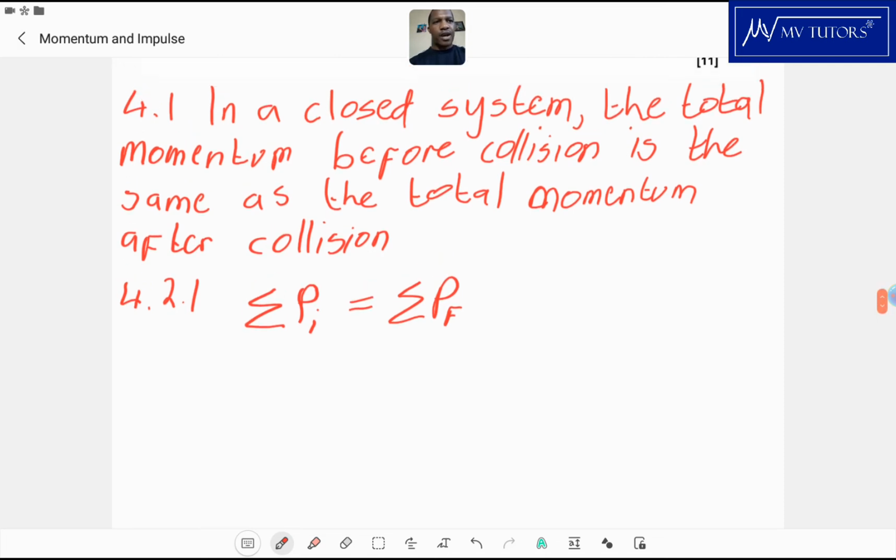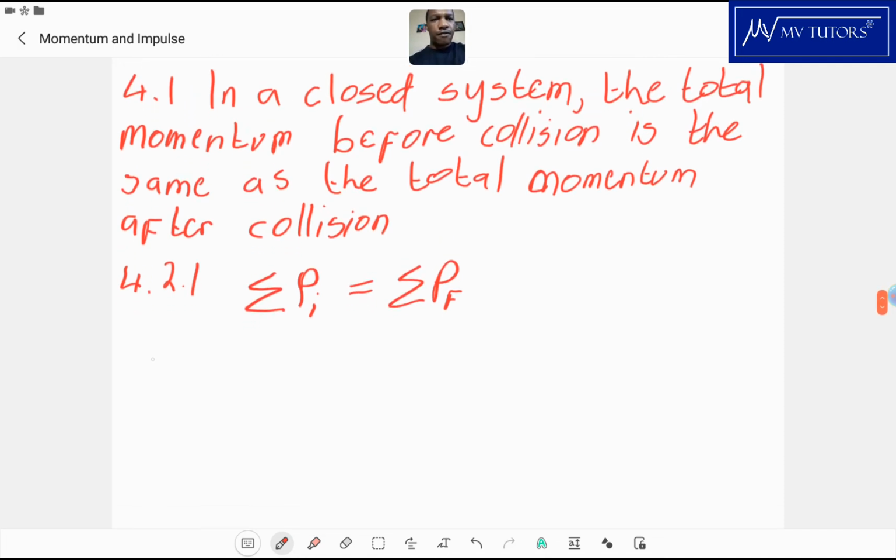Now remember, the formula for momentum is the product of mass times velocity.